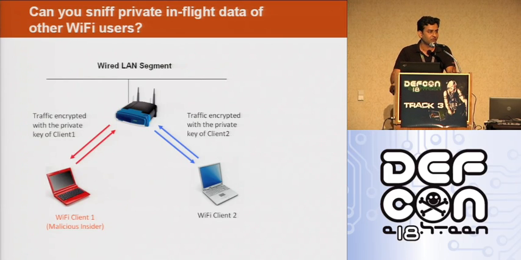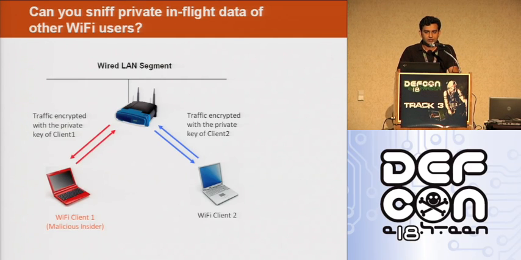Can you really sniff the private data of other Wi-Fi users? If you try to capture packets in the air, you will see encrypted packets, and since you don't have the key, you will not be able to decrypt them. So can you really see the private traffic of other Wi-Fi users even if you are inside the network?